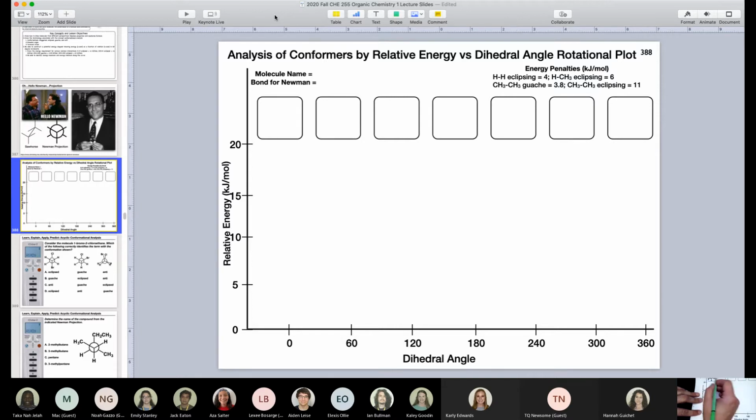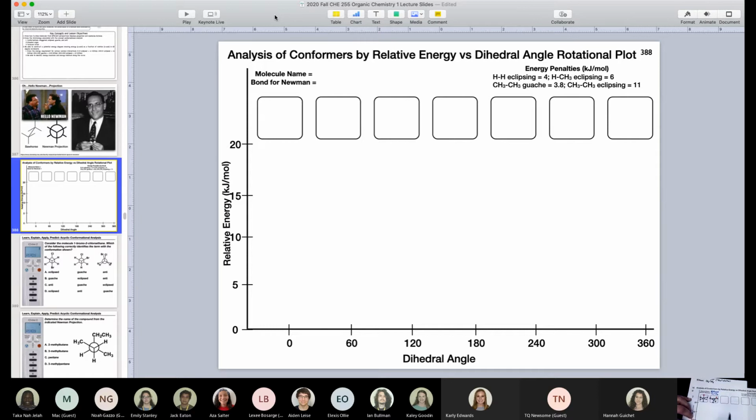Now we're going to do a 60-degree rotation, and we find that we go from staggered to eclipsed. So we have H, H, H, and then the blue H is at the bottom here. The red H is to the right.